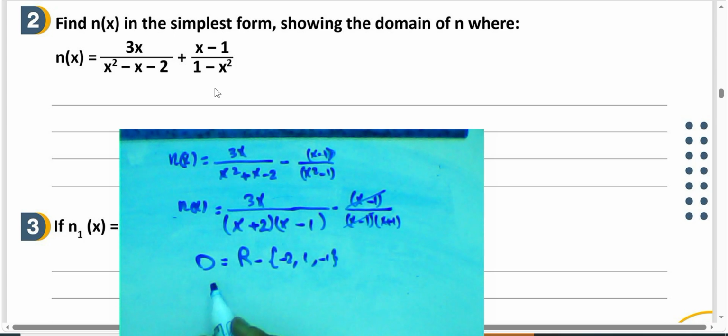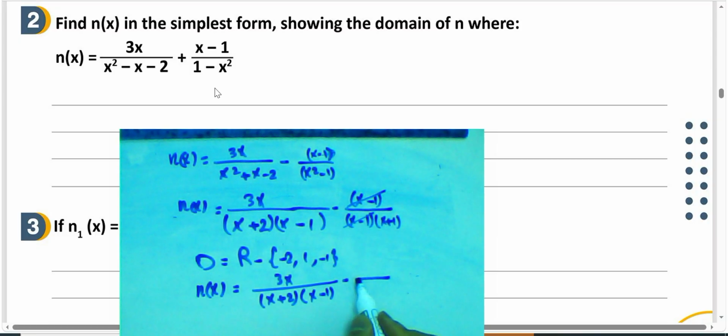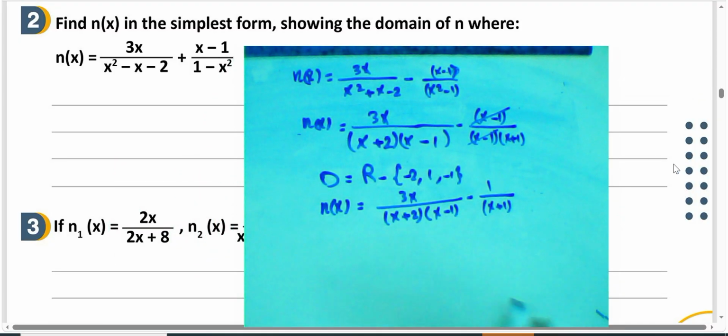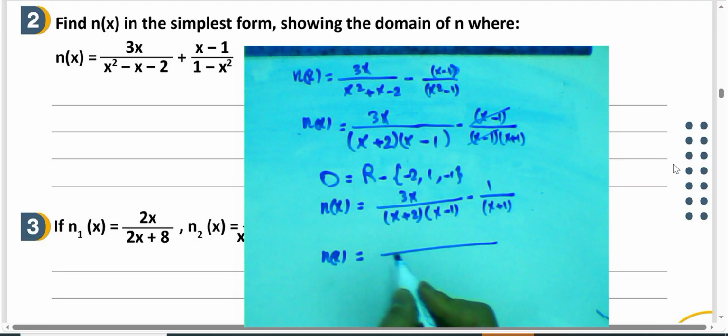Okay, then n of x equivalent to 3x over x plus 2 times x minus 1, minus 1 over x plus 1. n of x equal, we can write the same denominator down.